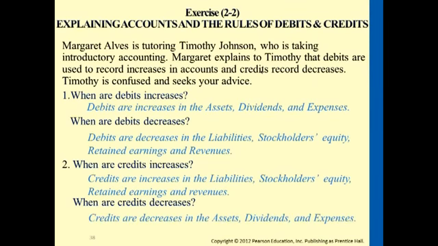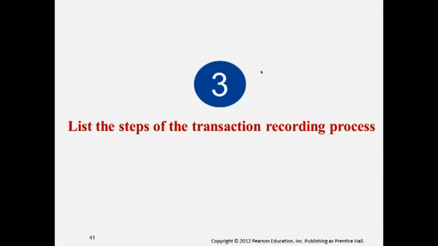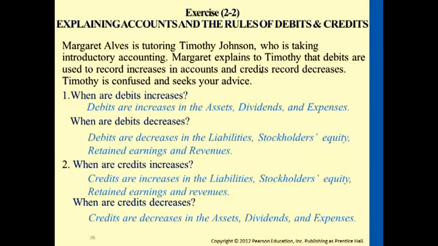Now, credit side decreases. This is the opposite of the first question. So, debit side increases for assets, expenses, and dividends.